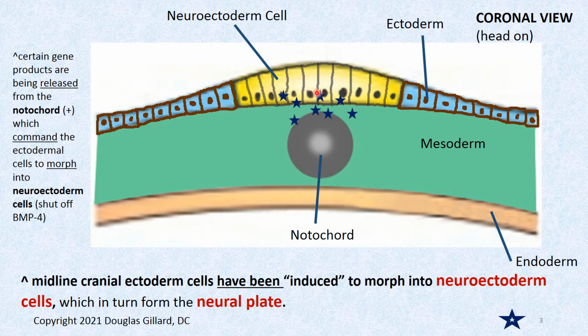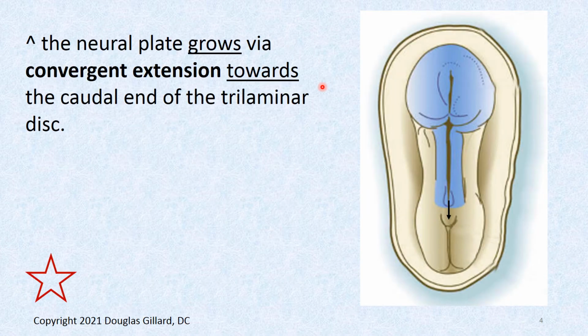This is the brain and spinal cord, the very start of it. And then we talked about convergent extension, how the plate grows further and further caudally, but grows tighter together, so you get a key formation. You don't get a wide formation like you do here in the future brain area.